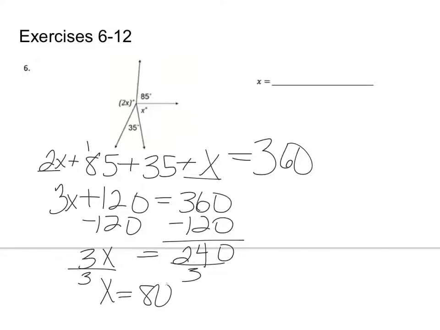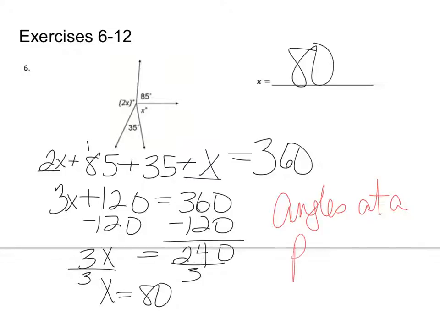X equals 80. Okay, the instructions say show all your work, which I did. And our reasons are, just like the previous problem, angles at a point equals 360. That's poor handwriting.